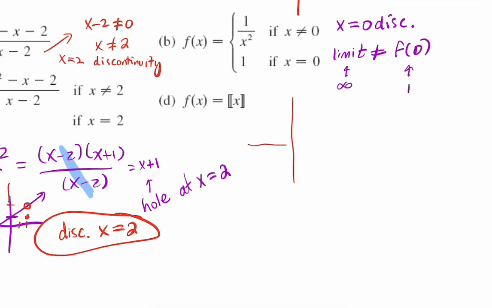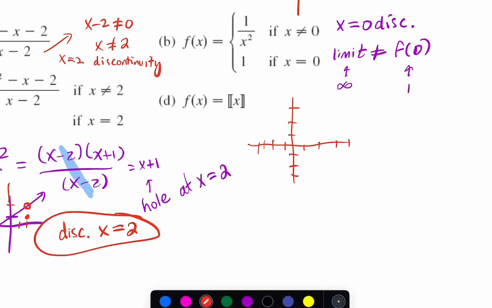Let's look at this one. We didn't talk last year too much about this function. This is called the greatest integer or step function. So let me draw it for you and then we will discuss it. Okay, that's kind of what it looks like.